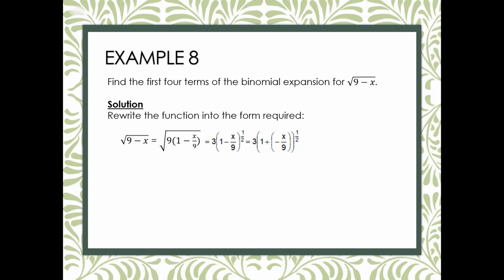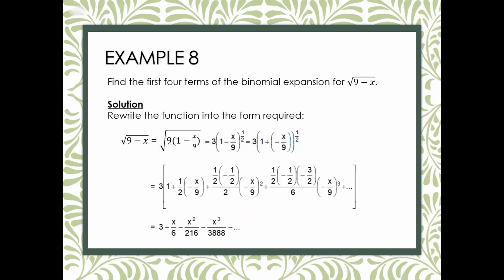You will obtain the square root of 9 multiplied with (1 minus x/9), which can be represented as 3 multiplied with (1 minus x/9) to the power of 1/2. Here, the new x is equal to negative x/9 and n equals 1/2. Substitute these values accordingly into the formula and simplify.